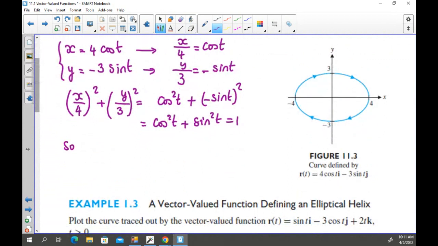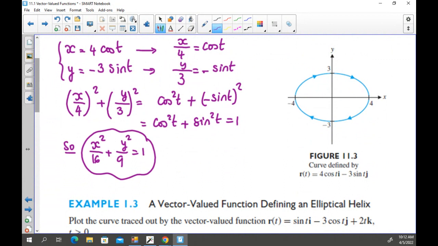So that means we're getting the following equation: x squared over 16 plus y squared over 9 equal to 1. And this is the equation of an ellipse.